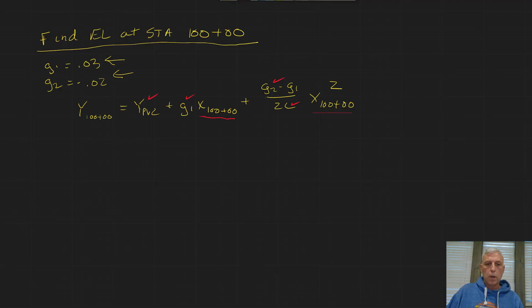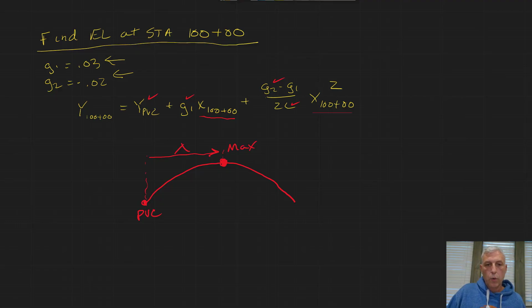Well, remember that if we have a curve, here's our PVC, and then say here's the high point on our curve, that's the max, then X is this distance here. So that's what we need to find in order to solve.